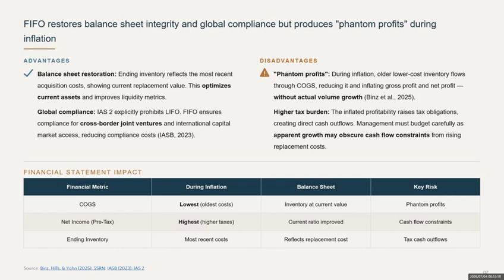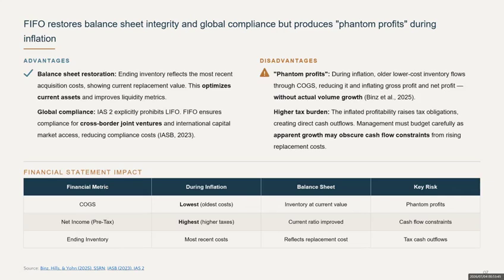However, FIFO is not without flaws. During inflationary periods, including early low-cost inventory in sales costs lowers overall expenses and inflates reported profits, creating phantom profits unsupported by actual sales volume.